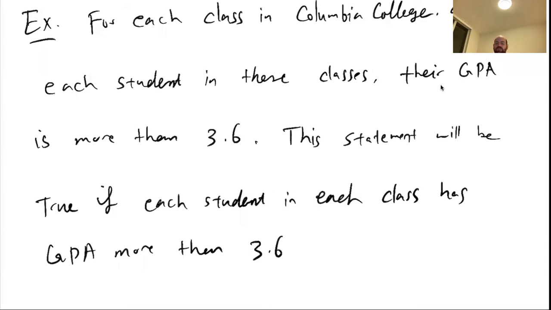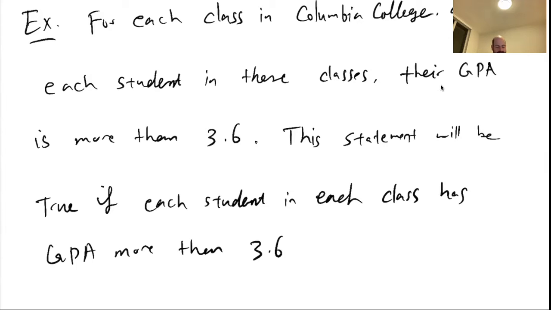Basically, every student in Columbia College must have GPA more than 3.6. Every student, because each student in Columbia College will be in some class, right? At least one class. So every student in every class must have GPA more than 3.6.